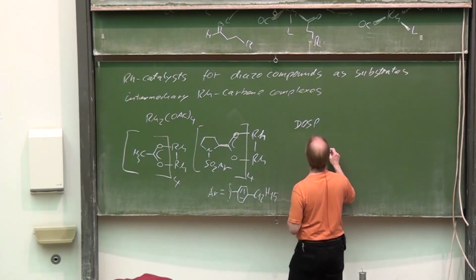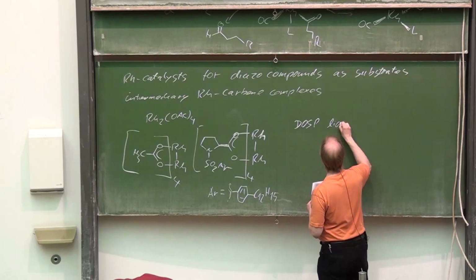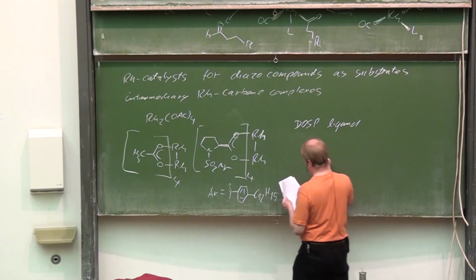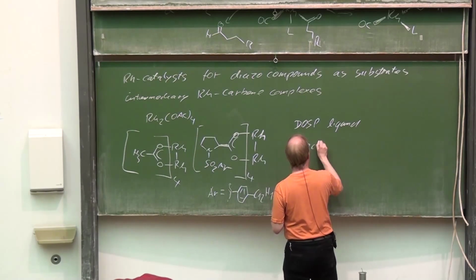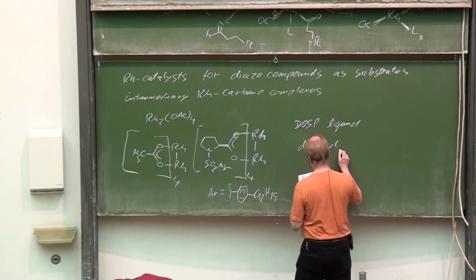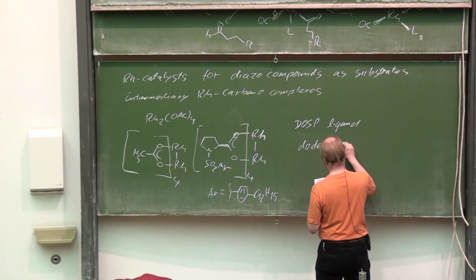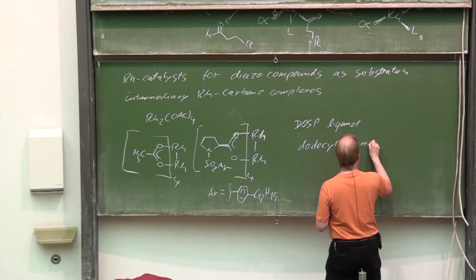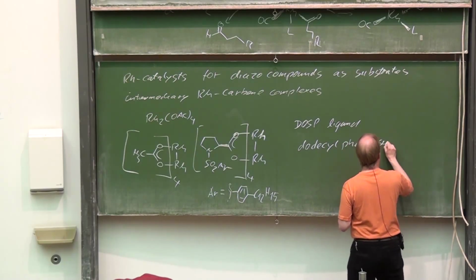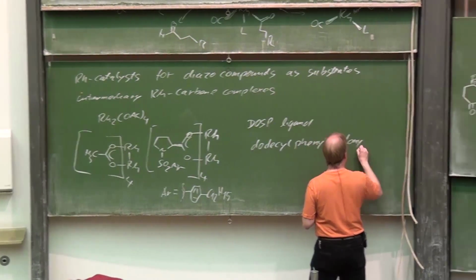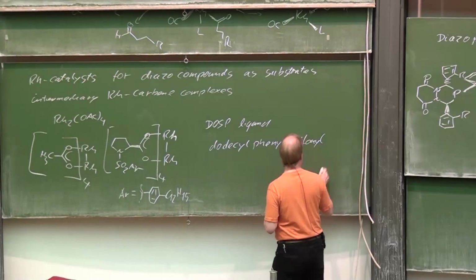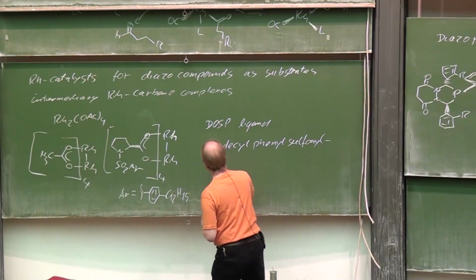So this is the so-called DOSP ligand, for dodecyl, phenyl, sulfonyl, prolinato.